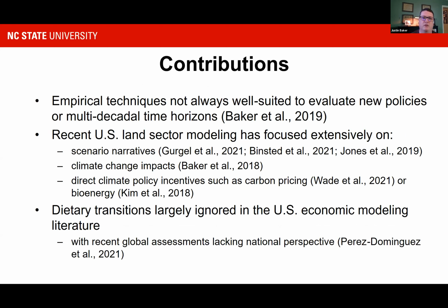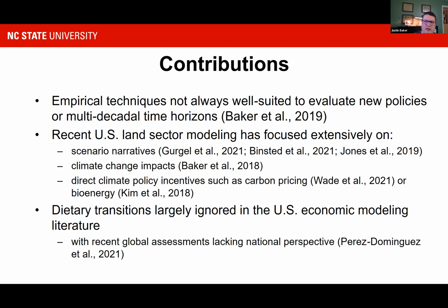Our contributions here: we make the case that empirical techniques are not always well suited to evaluate new policies or multi-decadal time horizons. We move a little beyond some of the recent literature in the US modeling context, which is either focused on scenario narratives using integrated assessment models, or multi-sector partial equilibrium approaches, or climate change impacts in the agricultural system, or really direct climate policy incentives such as carbon pricing or bioenergy expansion incentives.